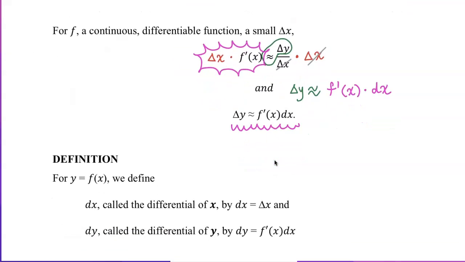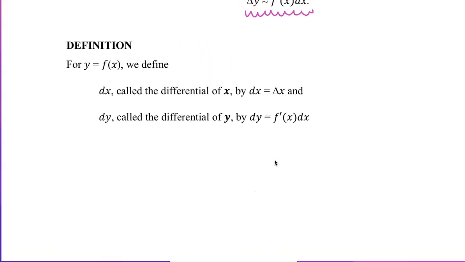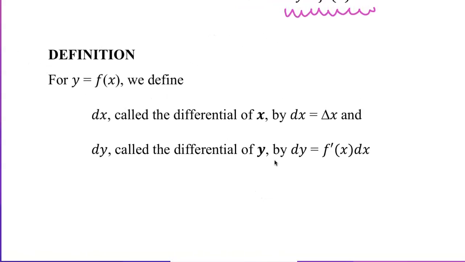So let's look at this definition. Let's read it. For y equals f of x, our function, we define dx, which we call the differential of x, to be delta x, and dy is called the differential of y, with that formula that we just derived, which comes from looking at the slope of a tangent line as change in y over change in x.